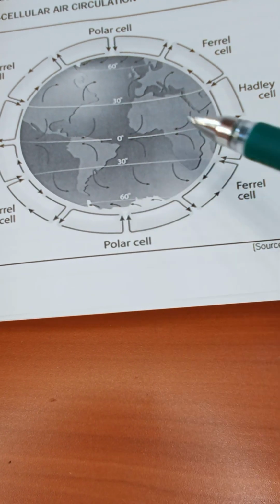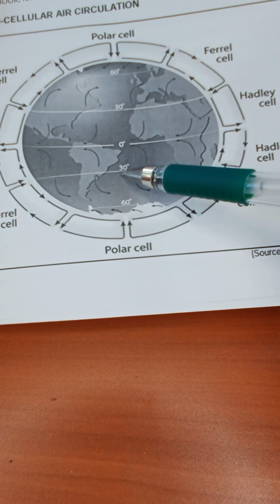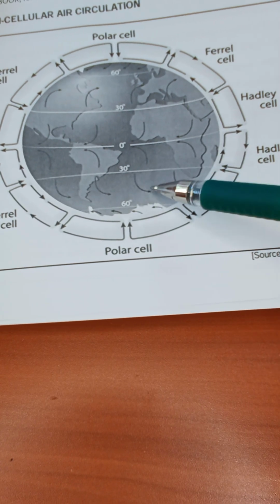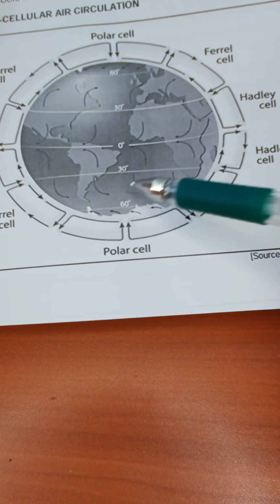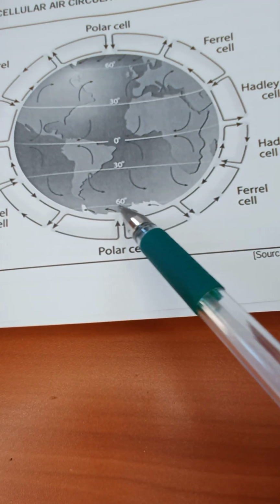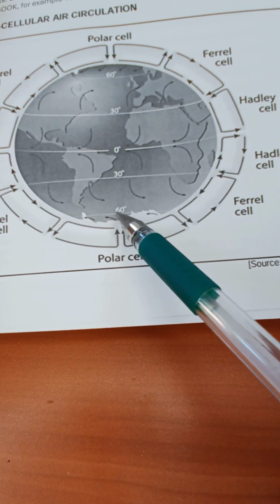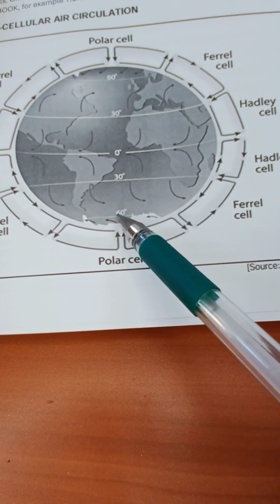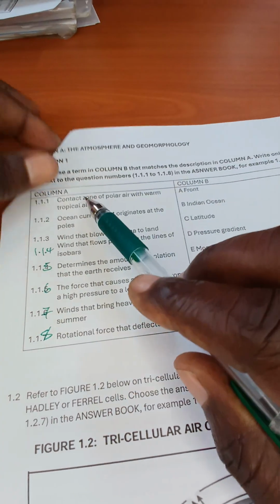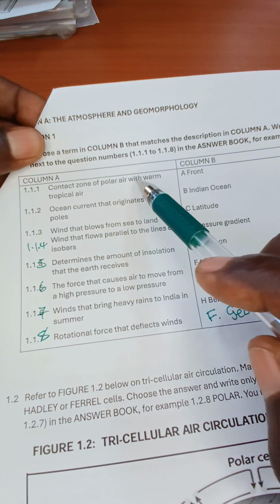Then we have got the warm tropical air from the subtropical high. So our subpolar, which is at 60 degrees south or north and south, is where you've got the polar front. So the correct answer for 1.1.1, the contact zone of polar air with warm tropical air.